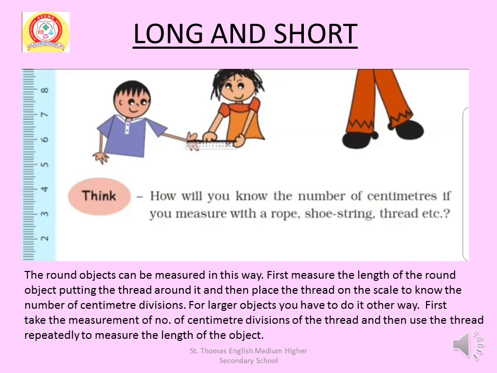In the class, you have measured some of your body parts. The round objects or parts you cannot measure with a scale. That you know. You have to use a measuring tape or a rope or a string.